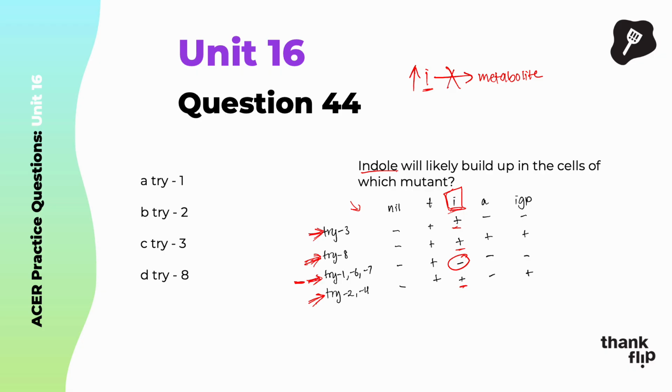Looking at your 4 options, you have try 1, which is option A, try 2, which is option B, try 3, which is option C, and option D, which is try 8. Out of these, the only one that has a negative is try 1. So you could literally just use a process of elimination to figure out the question. Either way, the answer is A.